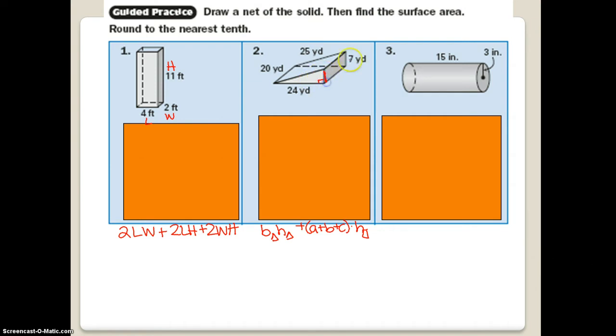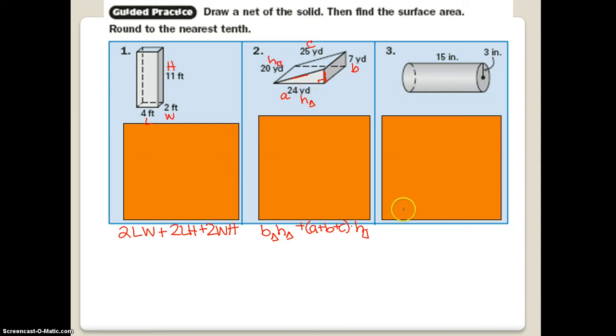Here's the base, which means this is 7. So the base is 7. The height of the triangle is 24, it's perpendicular to the base. The sides are 7, this side is 25, and the other side is also 24. So the height of the triangle is also the side of the triangle. And then the height of the prism is 20.